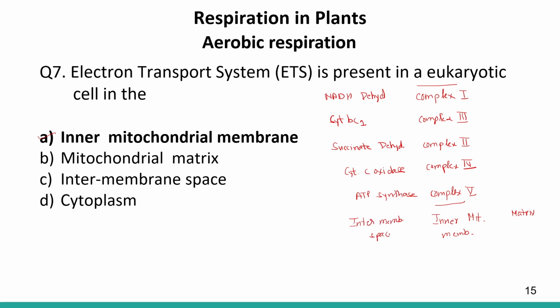During the downward flow of electrons, protons are transported from the matrix to the intermembrane space. There is a proton accumulation here, as the electrons move downhill through the electron transport system.